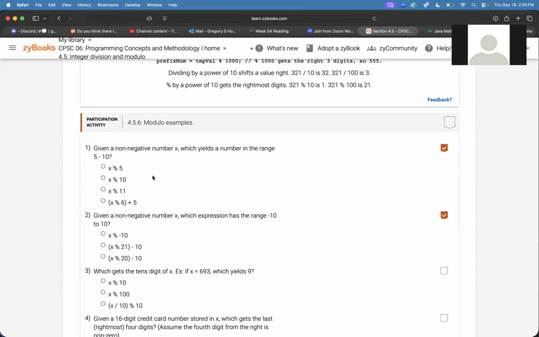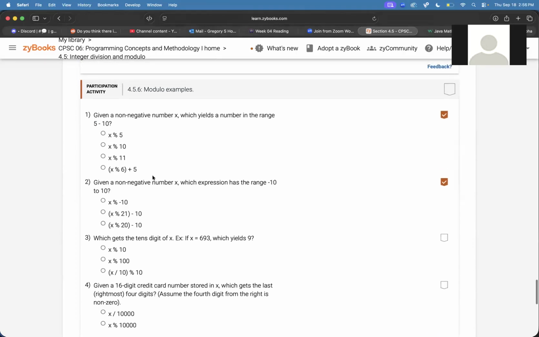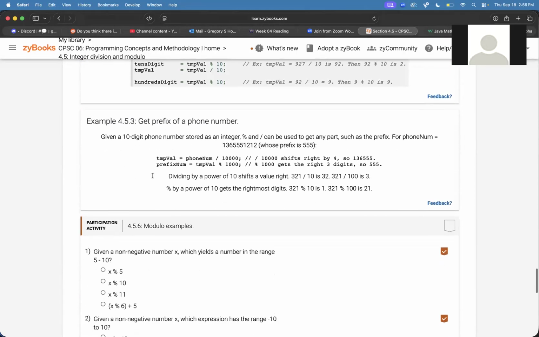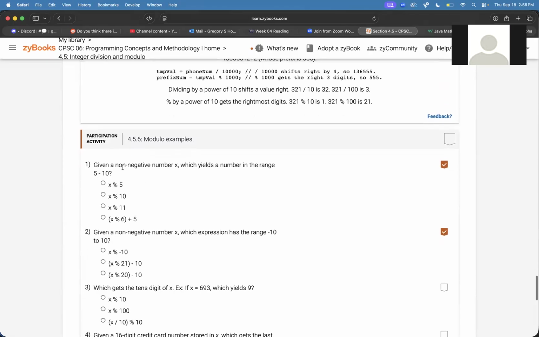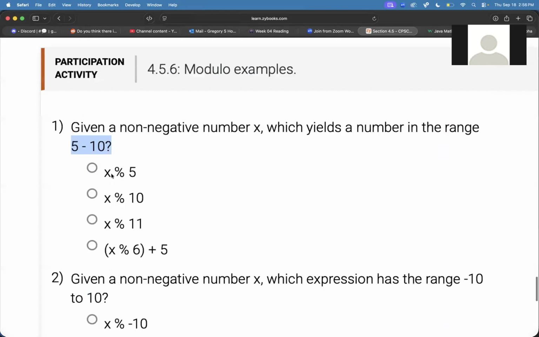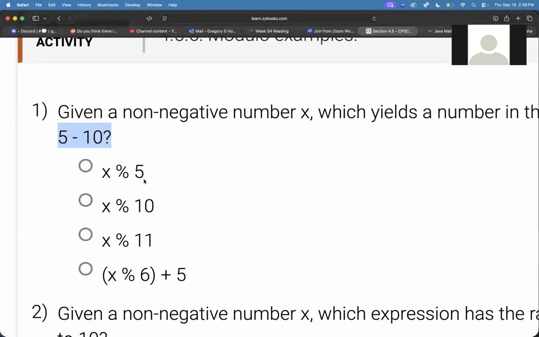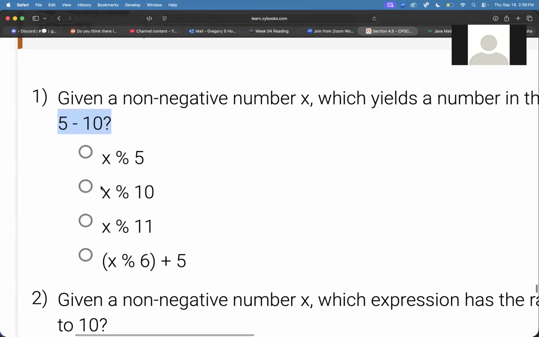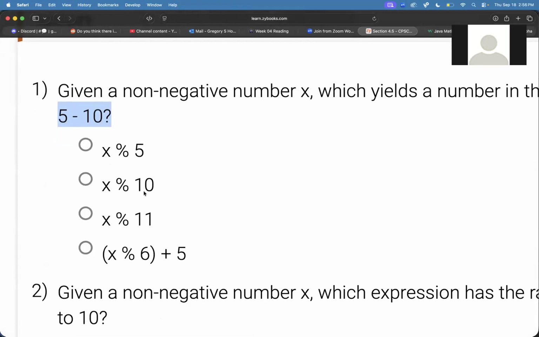This is kind of an annoying question, but if you wanted to get something between 5 and 10, let's think about these. If you did X mod 5, you would get something between 0 and 4, so this one's wrong. If you did X mod 10, that would give you 0 up to 9, which is not 5 to 10.